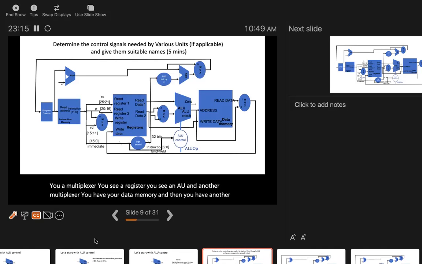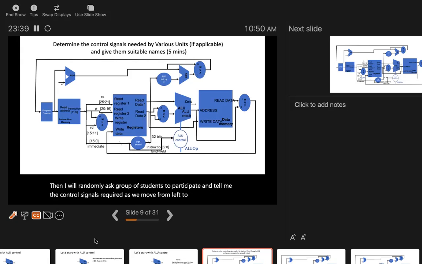Go from left to right, visit each component, determine whether they need a control signal. And if they need a control signal, give them a nice name. I would like for you to discuss with each other for the next 5 minutes. Then I will randomly ask a group of students to tell me the control signals required as we move from left to right.